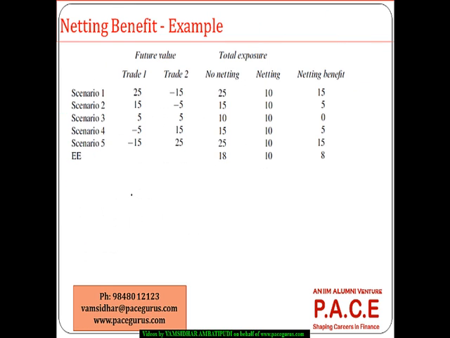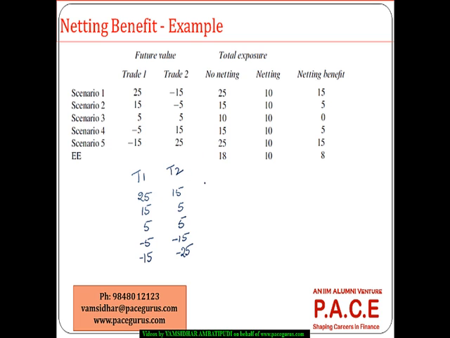Probably I'll create a scenario here. 25, 15, 15, 5, 5, 5, minus 5, minus 15, minus 15, minus 25. Let's say these are trade 1 and trade 2. These are the future values of these two.